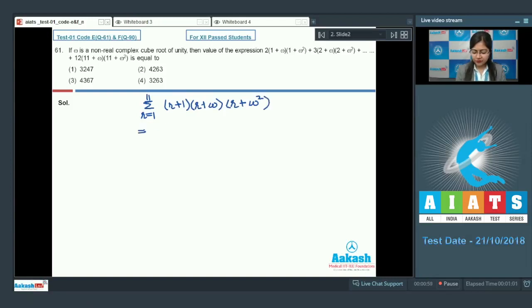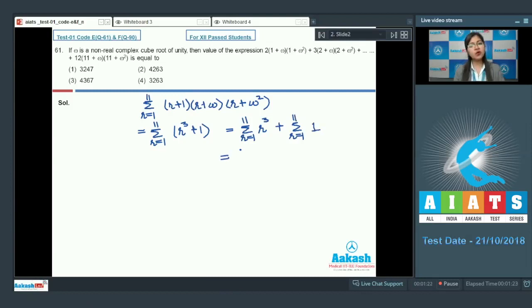Right? Now this can further be written as summation r equal to 1 to 11 of r cube plus 1. So this is equal to summation r going from 1 to 11 of r cube plus summation r going from 1 to 11 of 1. For summation of r cube from 1 to 11, we know its formula is n into n plus 1 upon 2 whole square.